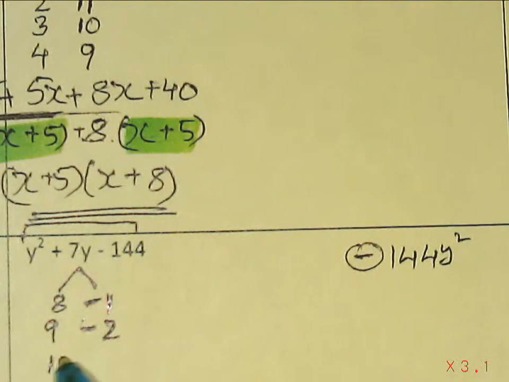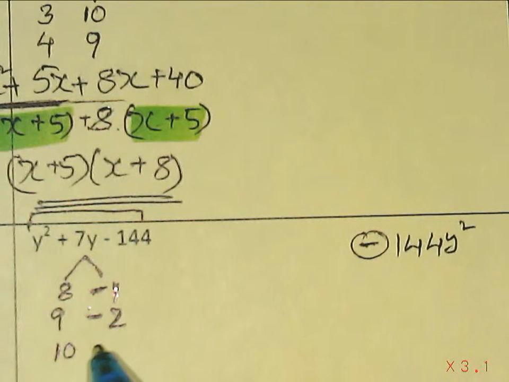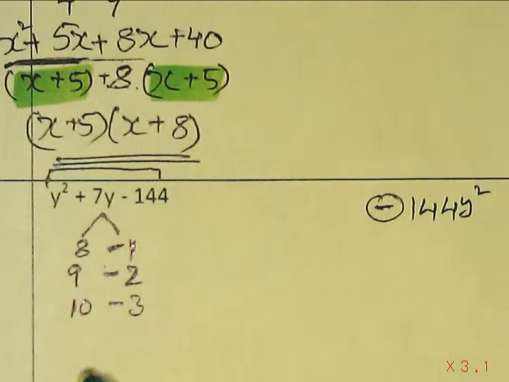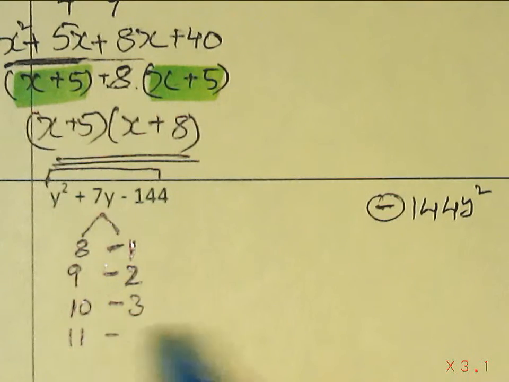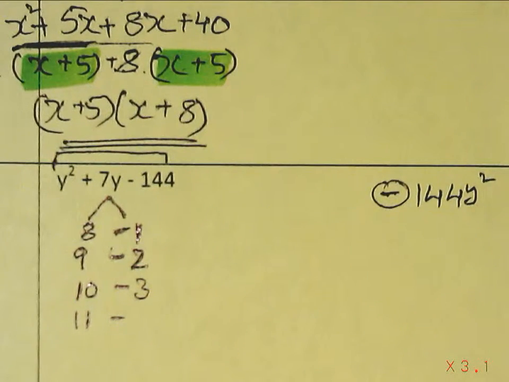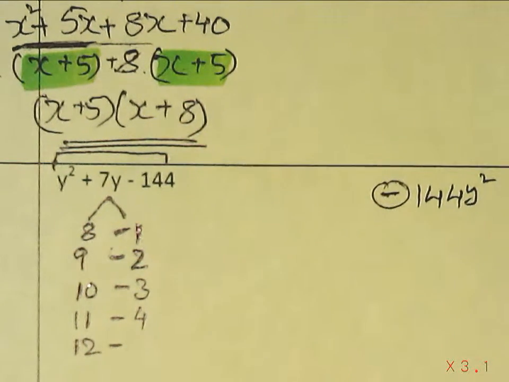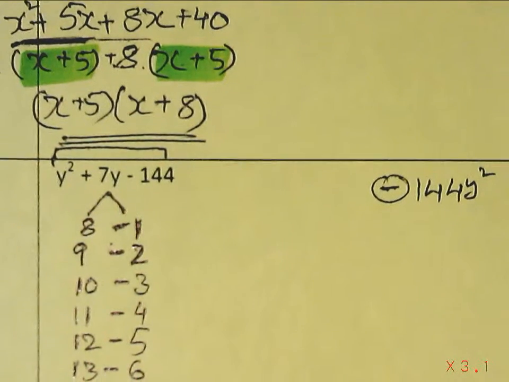So try. 10 minus 3 makes 7. 10 times 3 is not 144. Then 11 minus 4, 11 times 4. Then 12 minus 5, 12 fives are 60. 13 minus 6, 13 times 6 is 78.